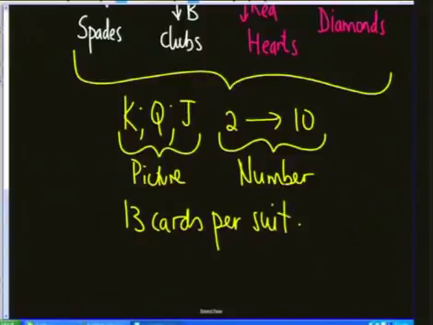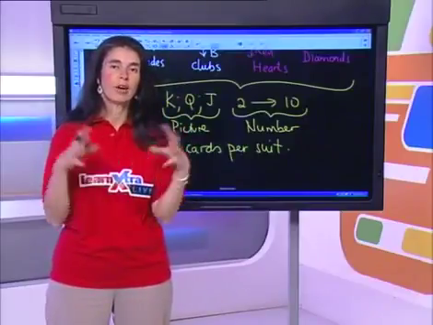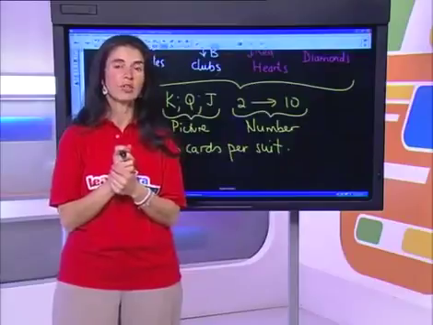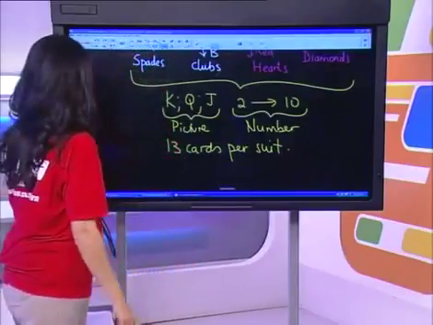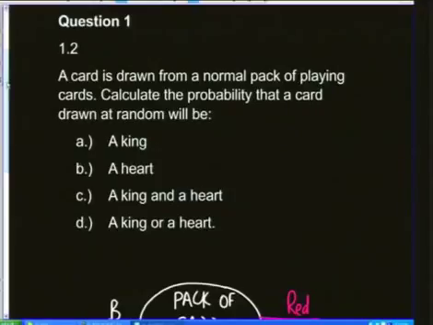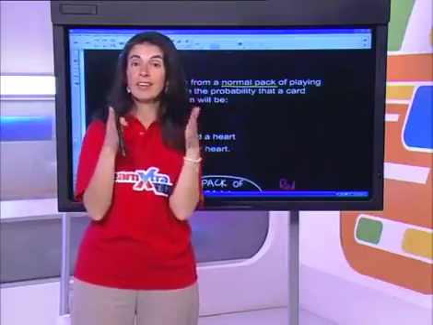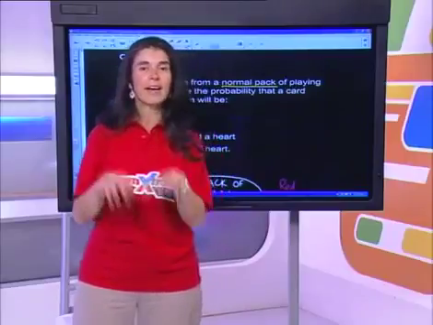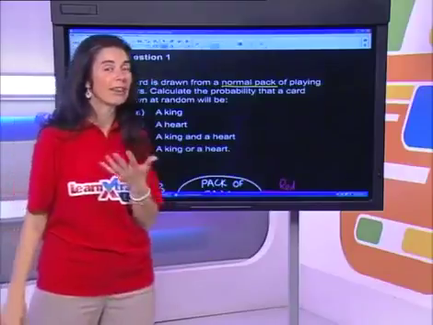Okay, the next little question is to show you the probability of events that are not mutually exclusive, and the addition law. If a card is drawn from a normal pack, so no one has tampered with it or taken away 2 cards, it has 52 cards that have not been touched, so they are all equally likely to be taken out.